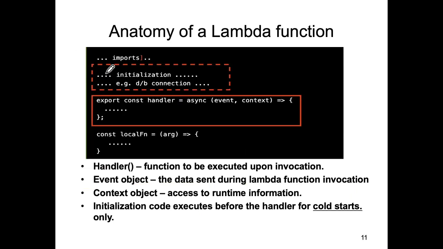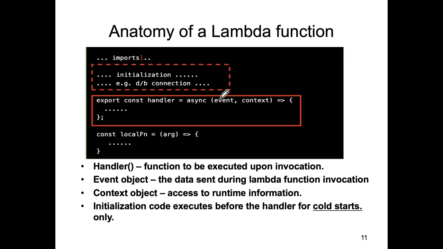So to dig a little bit deeper into the Lambda function itself: the Lambda function is a function. You can call it anything you want to, but conventionally we refer to it as a handler. It's being invoked over the network, so it's being invoked asynchronously.